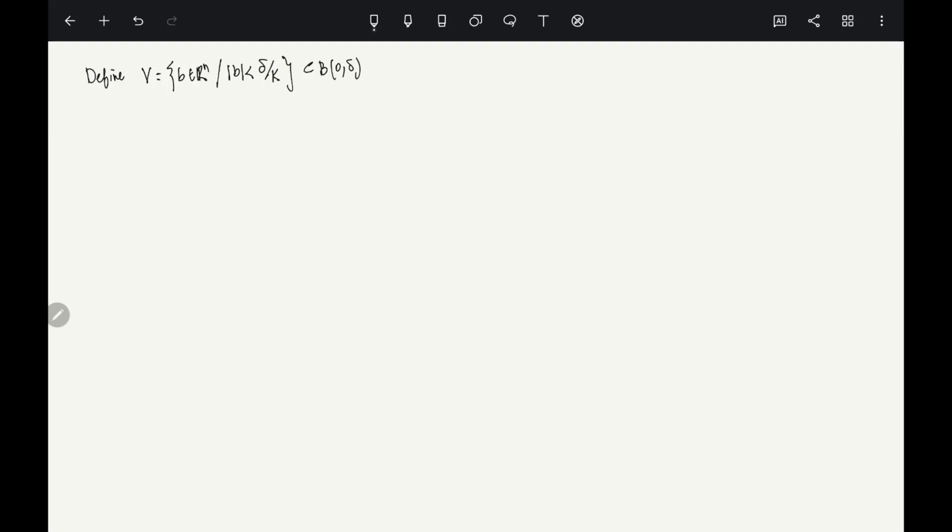Why? Because you can see that norm of b is less than delta by K, which is again contained in the delta radius ball.